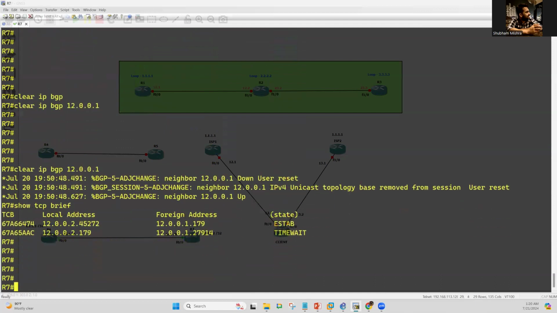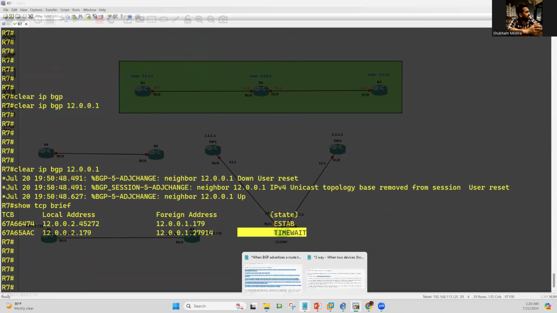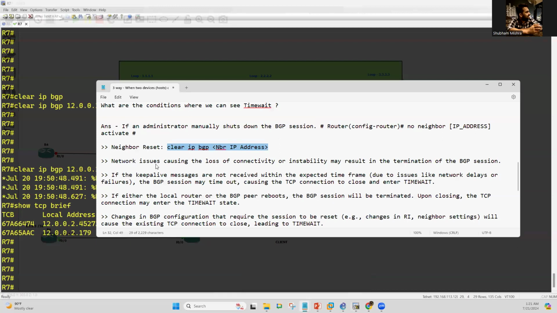Then afterwards you will find the TIME_WAIT state. So show TCP brief. Are you getting my point, everyone? Understand?